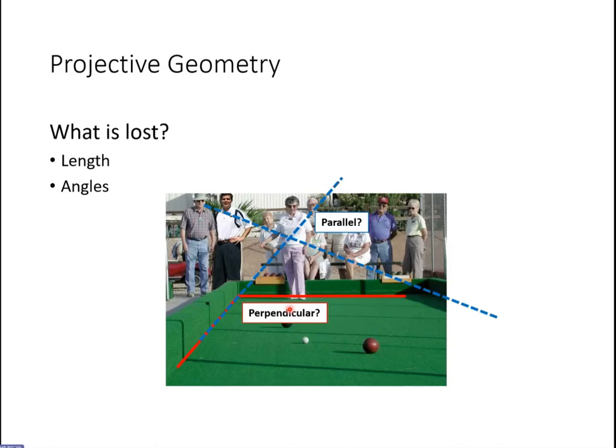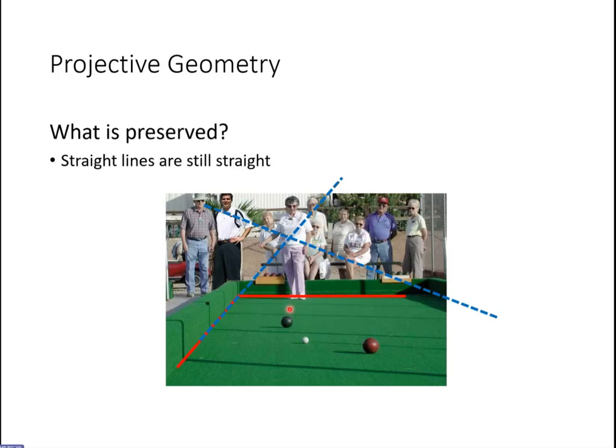For example, another question. In addition to length, the information of angles is also lost in the 2D plane. But we can find some parallel lines in the image, which would be a useful clue to solve the problem.